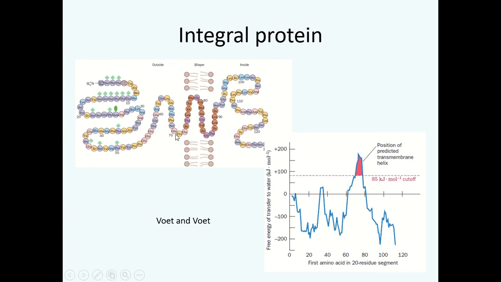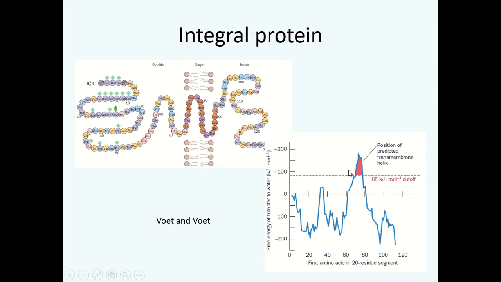But as we approach amino acid number 73, as we move towards this part of the protein, you can see a significant increase in the free energy of transfer from the membrane to the water. This means this transfer is energetically unfavorable.